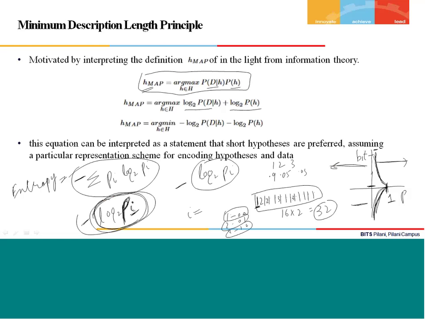Now you are maximizing this expression, but if you take the negative of it, you want to minimize it to find the maximum a posteriori hypothesis. So you want to minimize this expression because you have taken its negative. The hypothesis that minimizes this expression is your MAP hypothesis.